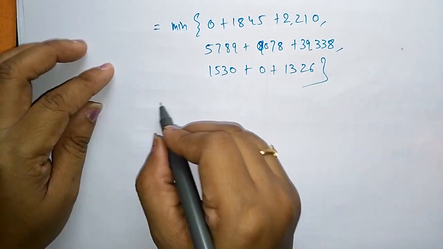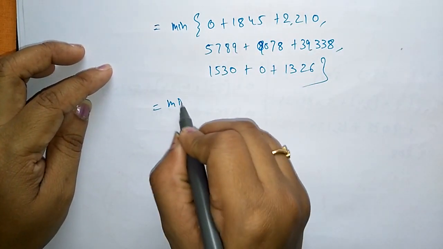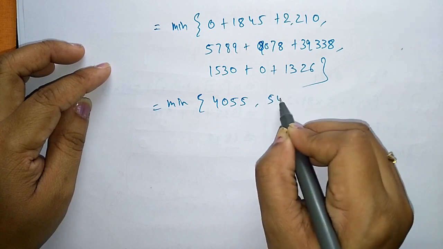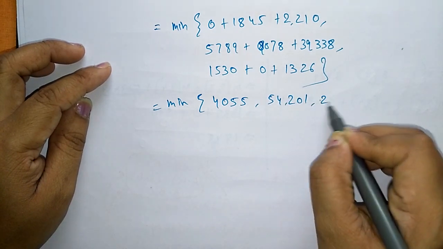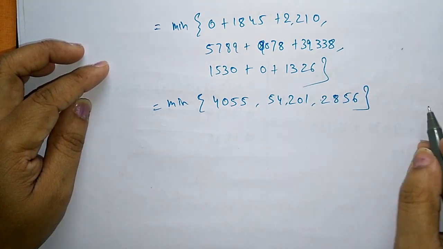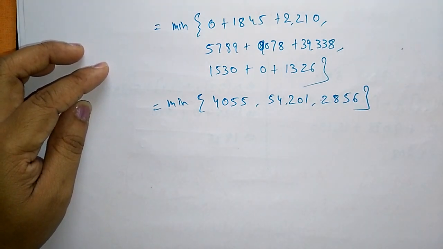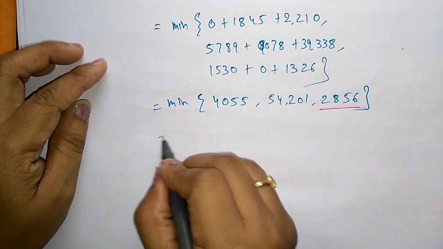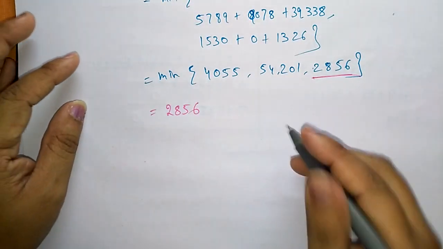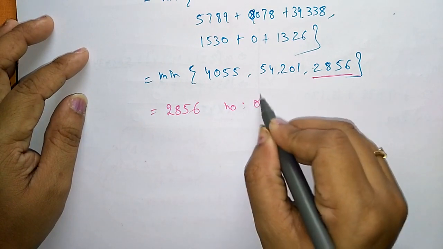Okay, so if you add all those things, the minimum of 4055, comma 54201, comma 28056. So from all this, what is the minimum value? So the minimum value is 2856.